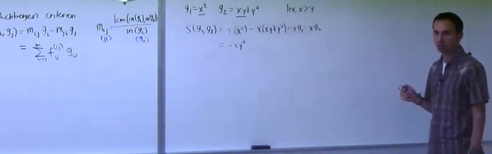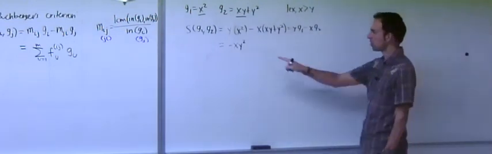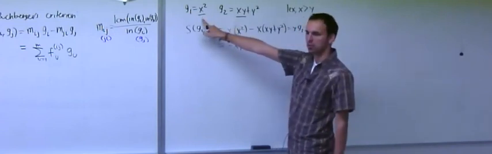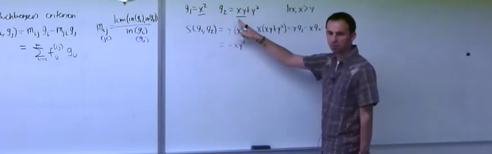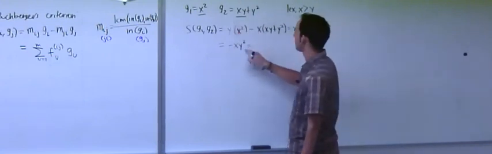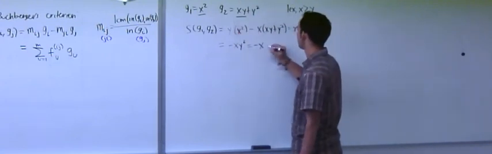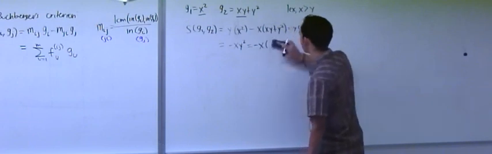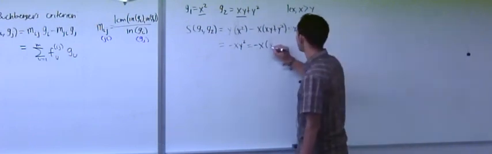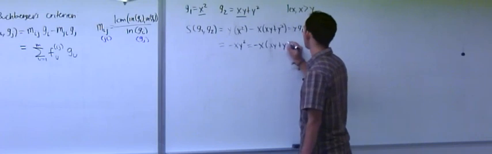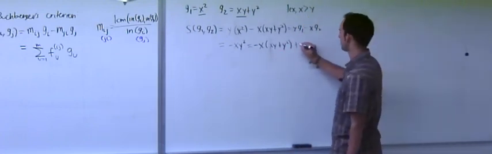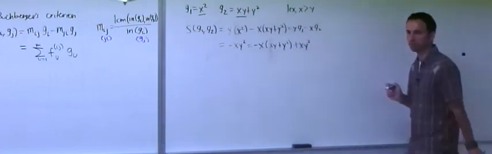And now we're supposed to do long division. So this guy doesn't fit in here, but it fits in here, right? And so we write this as minus x times g2. Again, let me just write the whole thing out. Minus x times (xy plus y squared) plus xy squared, right?